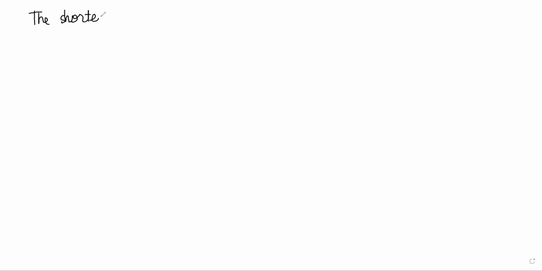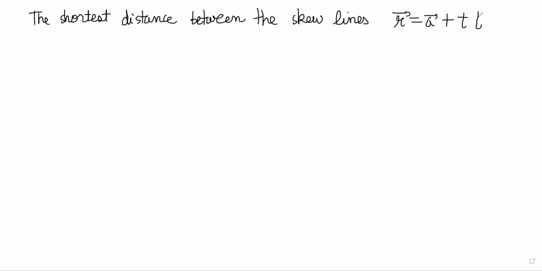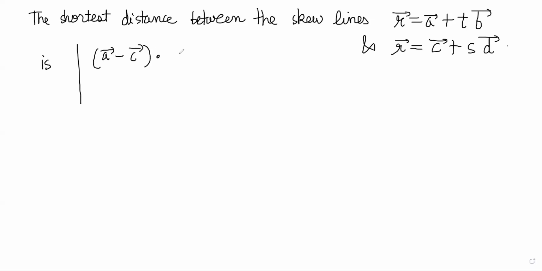The shortest distance between the skew lines R is equal to A plus TB and R is equal to C plus SD is given by mod of, no, it is not a dot product, it is a box product, the box product of A minus C, B and D, on top, divided by mod of B cross D. So the whole thing is taken as a mod as well, right?